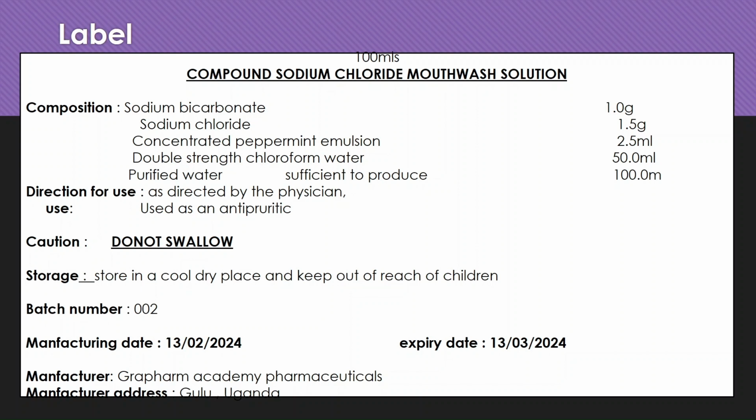We always advise them, after they have rinsed, after they have cleaned the mouth, they spit it out. Okay, so always when you're dispensing out a mouthwash, this is what you need to put in mind. Your patient should not swallow, and then tell them how they need to use it.